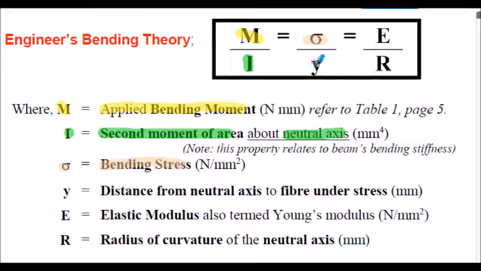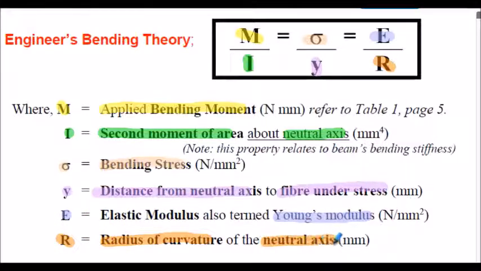The Y is the distance from the neutral axis to the extreme fibre that's under stress. In our case, that would be the extremities of the beam section. E is the elastic modulus, or the Young's modulus, and R is the radius of curvature of the neutral axis of the beam.